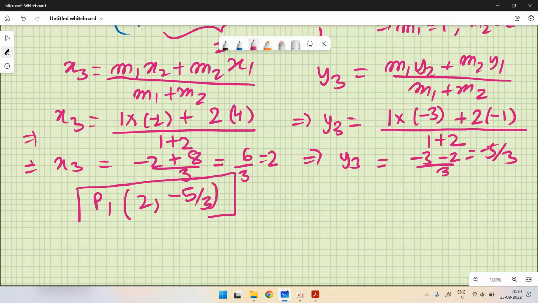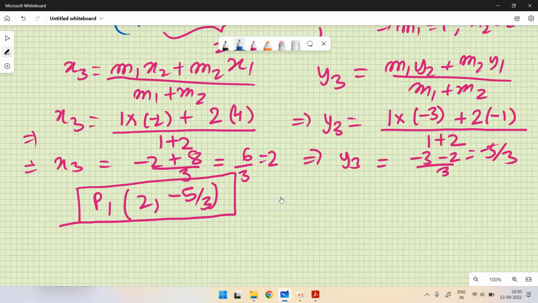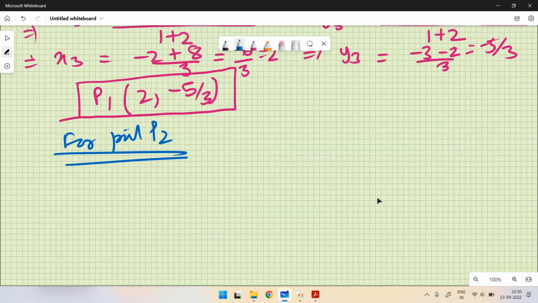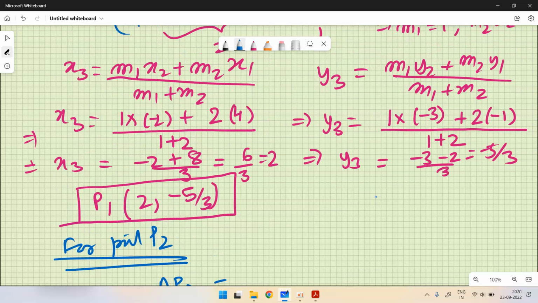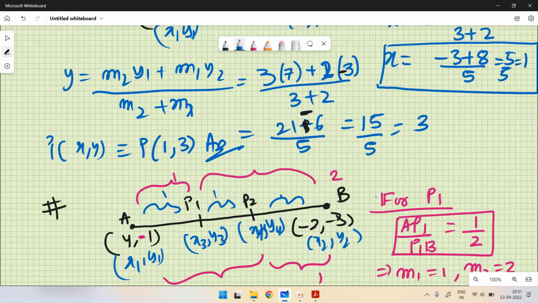This is only one point I'm considering. Now if I consider the second point, for point P2, AP2 by P2B: AP2 is 2 and P2B is 1.